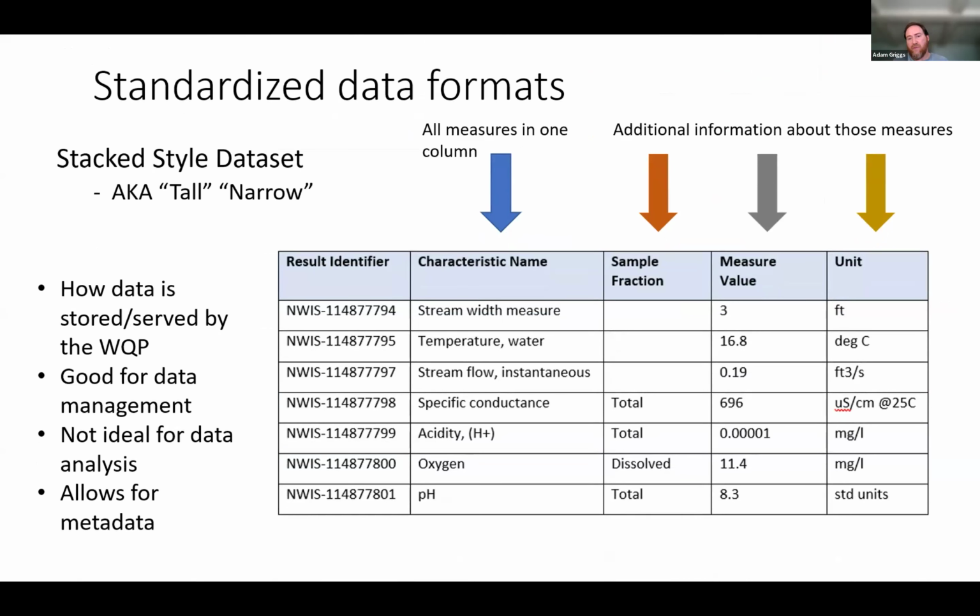Next to them is going to be their measure value. And then next to them, we can keep adding columns of additional metadata that explain exactly how those measurements were derived. So it's a different style, but you can fit a lot more data into this style. But it's also not as handy for making those nice charts and doing analysis, comparing parameters. So this is a great way for storing information, and ultimately the format that data will need to be in for either the North Carolina Aquatic Hub database or getting data into WQX.